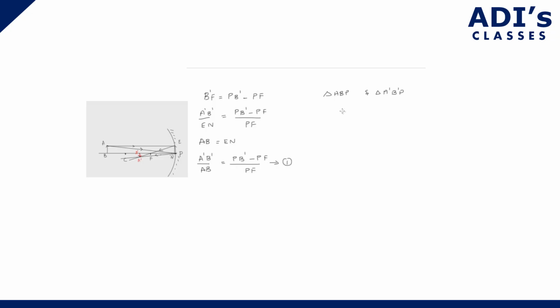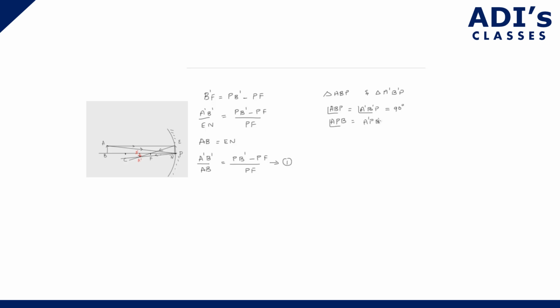Now these two triangles are also similar, because angle ABP is equal to angle A'B'P, which is 90 degrees, and angle APB is equal to angle A'PB'.